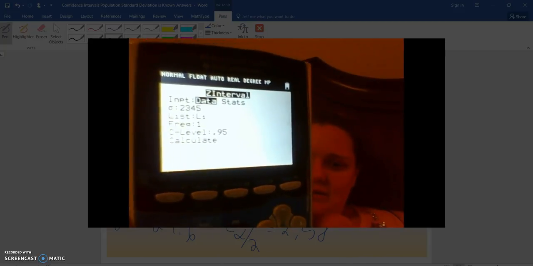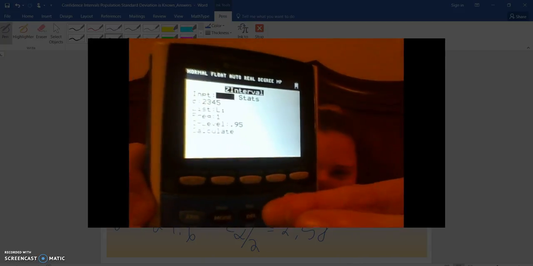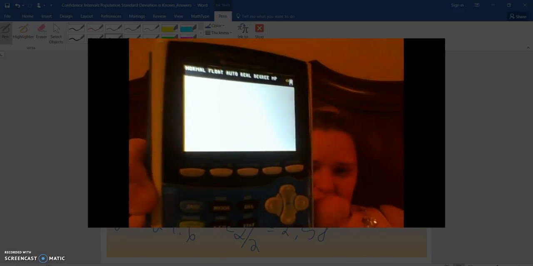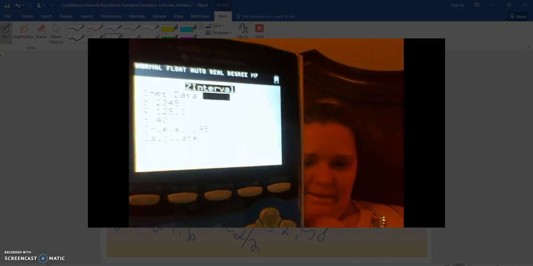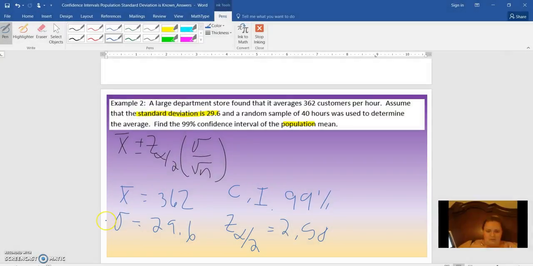This is a totally different set of data. So I'm going to go to statistics. Okay, standard deviation 29.6, X bar 362, n, how many are there? Oh, 40 hours, 40, and we want 0.99.